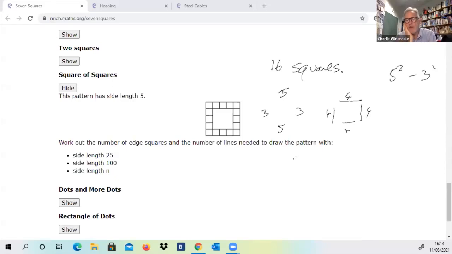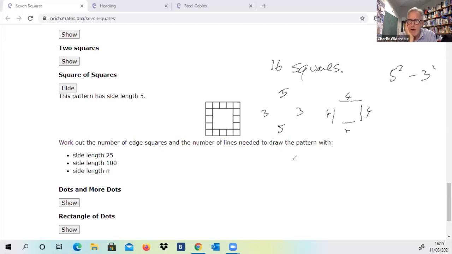Because I remember when we wrote this, Alison, one of the things that we wanted to do was avoid students just doing a table of values where they went for a size 5 and then size 6 and then size 7, just noticing patterns. And by jumping from 5 to 25 to 100, we're hoping it makes it more likely that they're going to have conversations just like the ones that we're having, where they look at the structure of the pattern, they think about the squares.